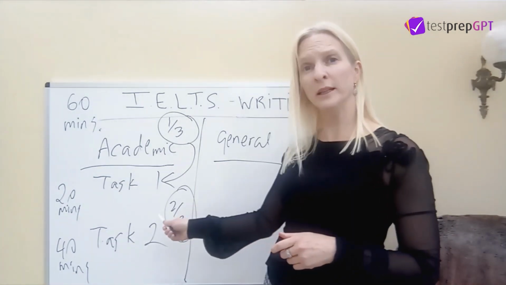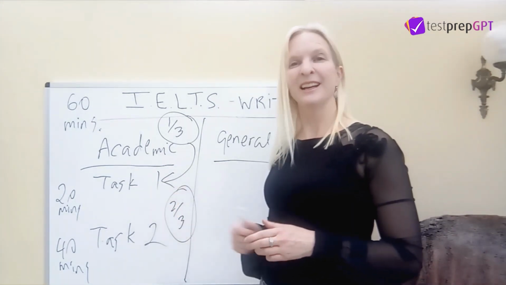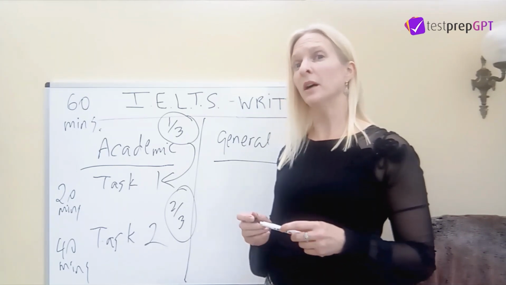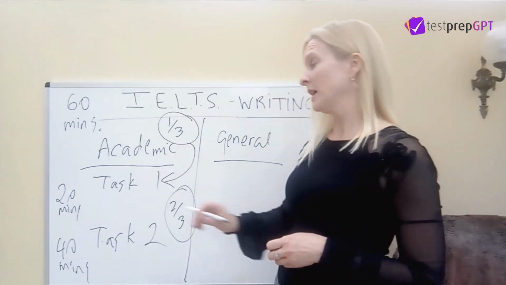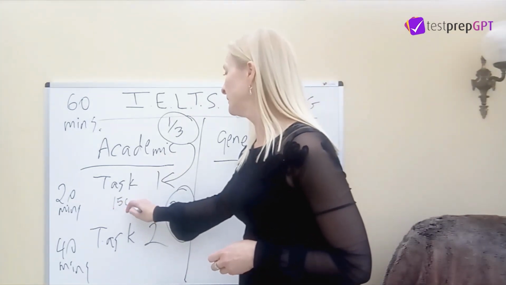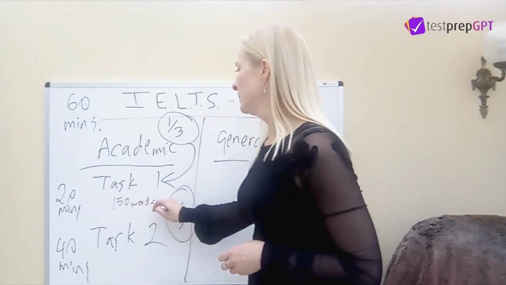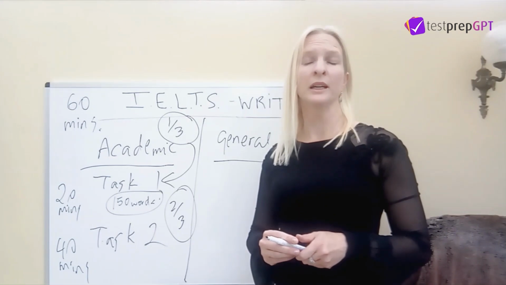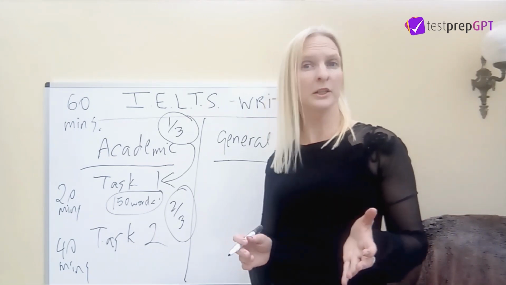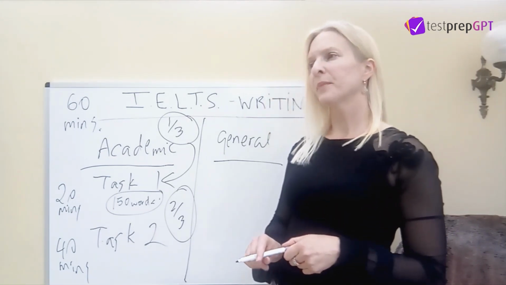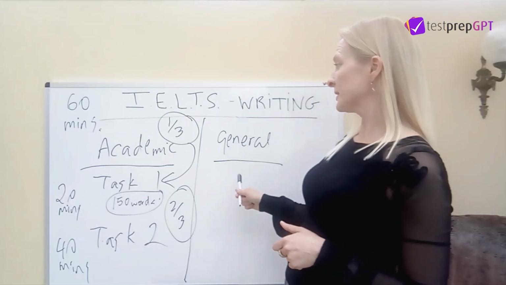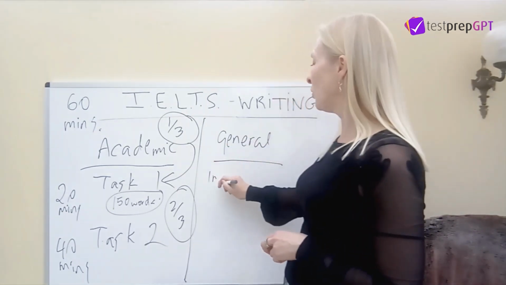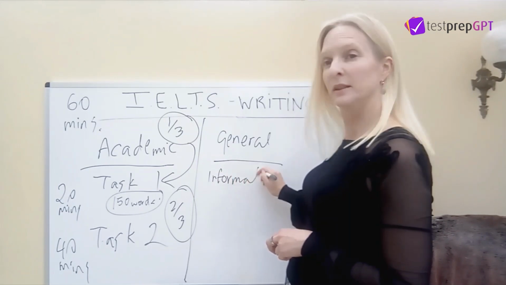In task 1 of the academic, you can expect to see a visual. You have to write about 150 words on the visual. It could be a bar graph or a line graph or a pie chart, something like that. And then in task 1 in general, it's an informal or formal letter.